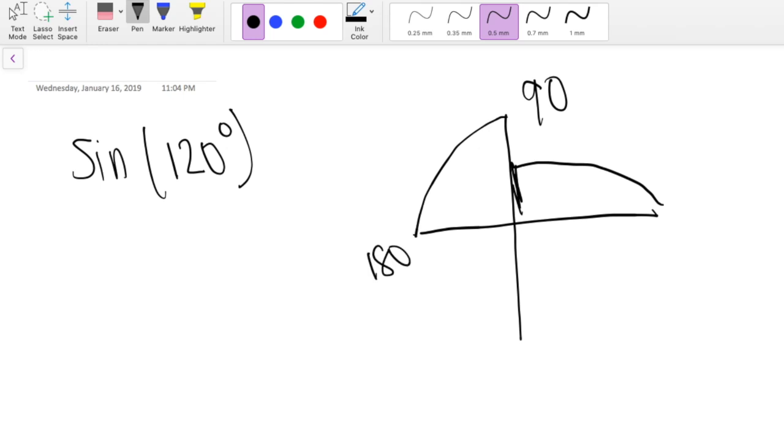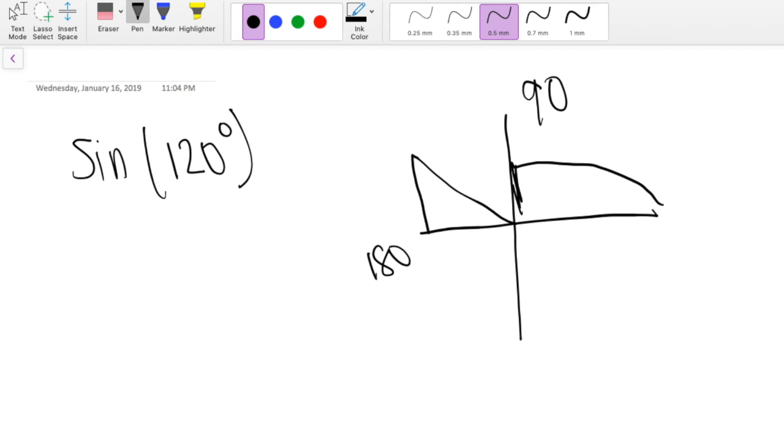So we know that 120 is going to be somewhere in this quadrant right over here, correct? Well, if you answered me, I couldn't hear you, but if you said correct, then I appreciate you for that. Okay, so we're just going to draw this angle, this triangle, somewhere in here. That's okay. It doesn't really matter where for this type of problem, as long as you're in the right quadrant. And that's a really general way of going about finding the quadrant if you don't know how to do that.